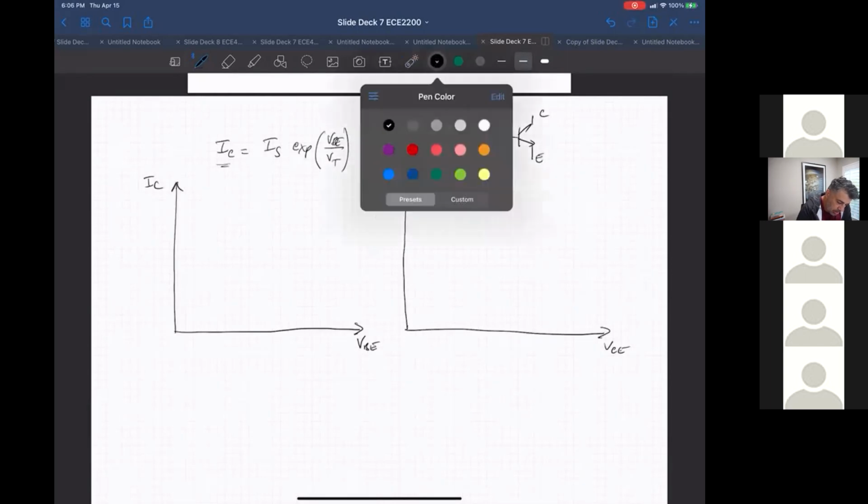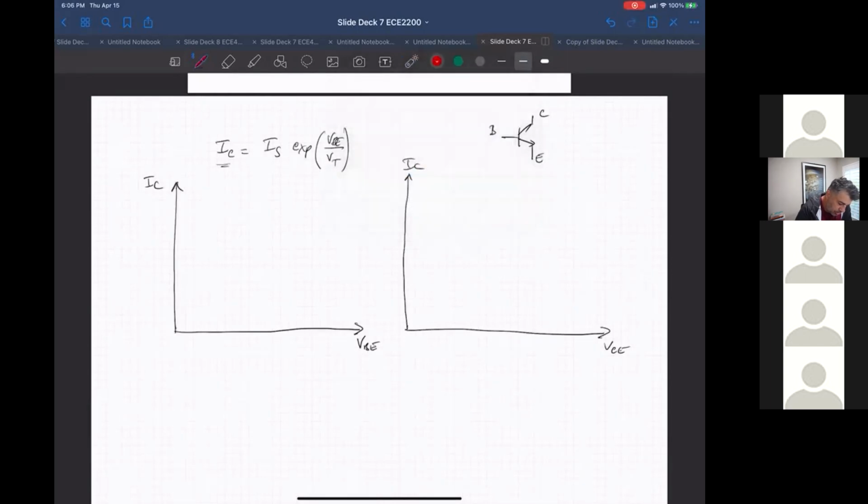We said there's an exponential relationship with VBE. And there's no dependence on VCE anywhere here. So given a constant VBE, if we plot I sub c versus VCE, this is going to be a flat line.